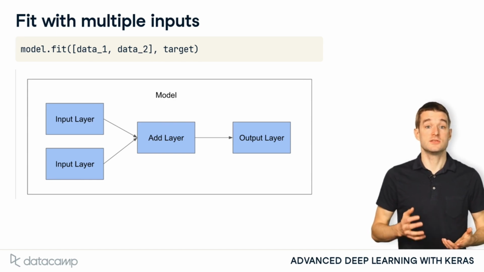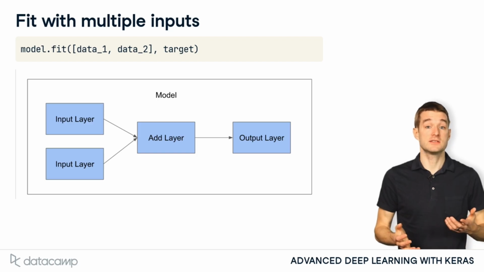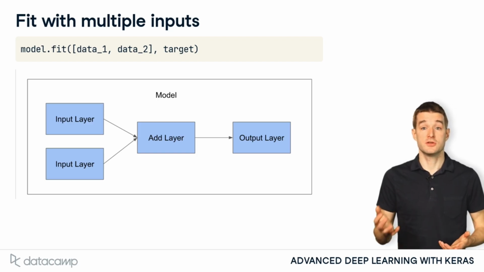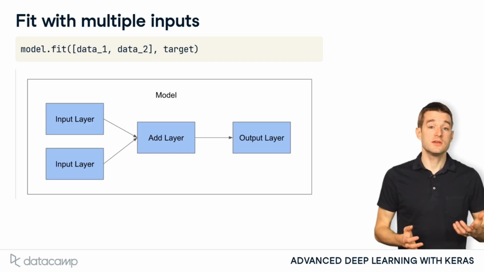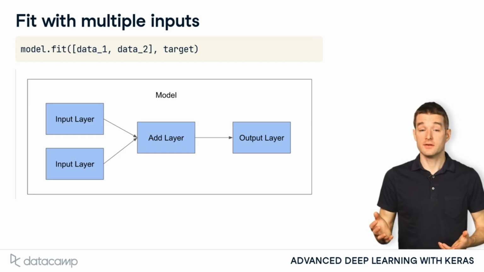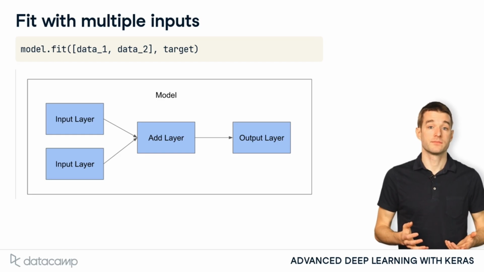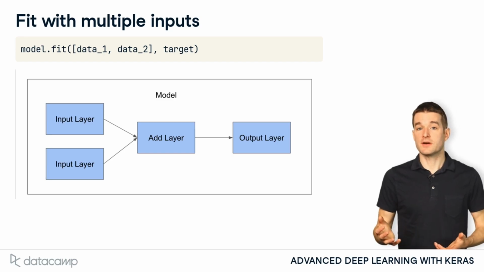In this case, since you have two inputs, the model needs to have an input list of length 2. You want to use this model to predict a single target, so the target for training is still a single object. While this network is very simple, the concept it illustrates is quite advanced.